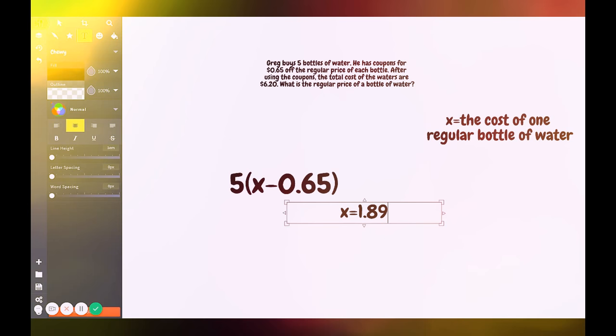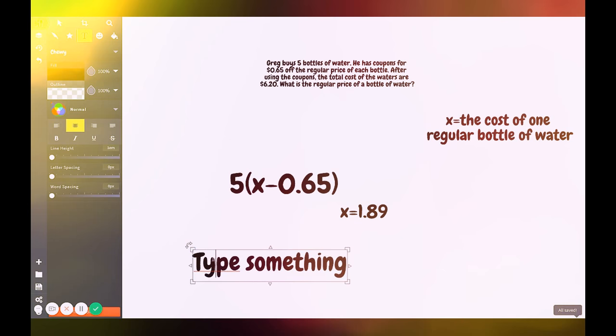This would look like 5 times, in parentheses, 1.89 minus 0.65 equals 6.20. To check the problem, just solve the equation.